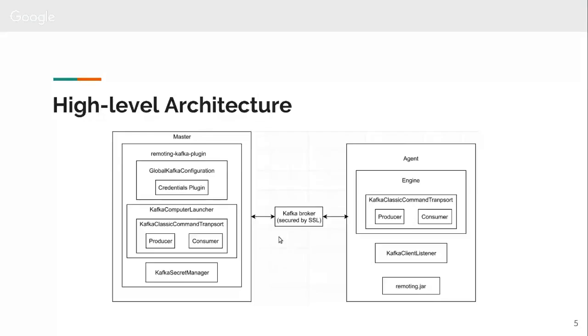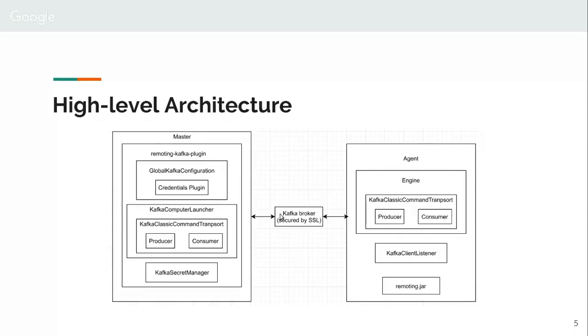So going through the high-level architecture of the plugin, in order to run the plugin we have multiple components. As you see here, we have three main components: the master side, the agent side, and all are connected by Kafka. Previously, master and agent were connected by direct TCP communication.